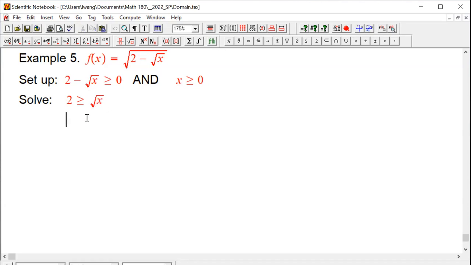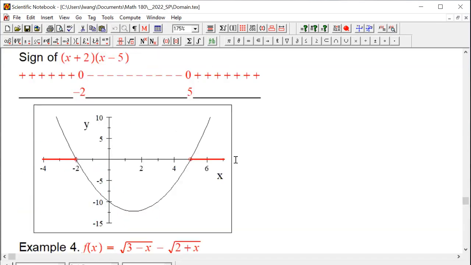As a result, we get 2 squared greater than or equal to square root of x, and that being squared. What does this equal to?